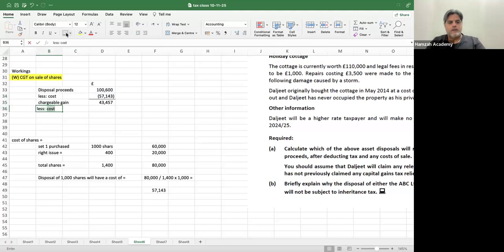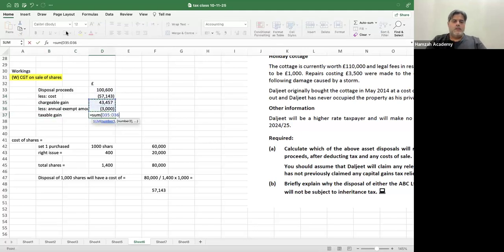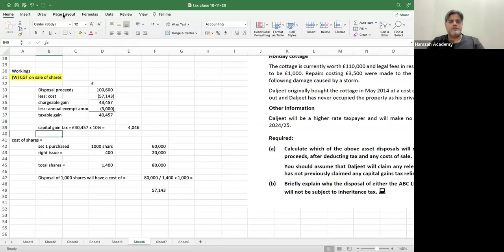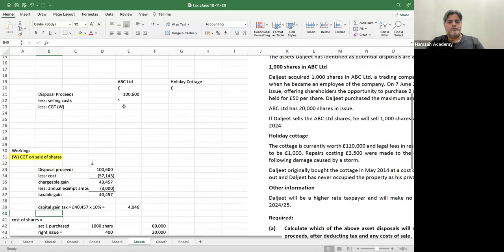Less the annual exempt amount of 3,000, my taxable gain is going to be 40,457. So my capital gains tax is going to be 40,457 times 10%, which is 4,046.